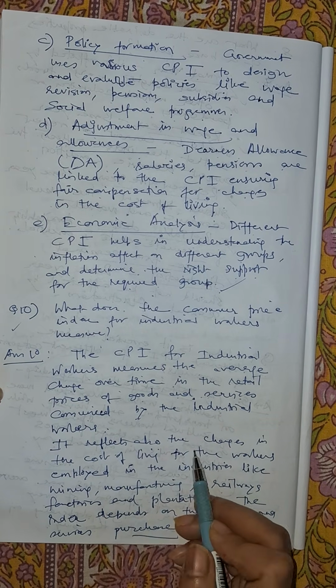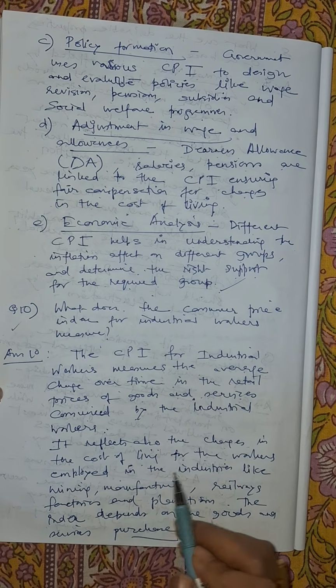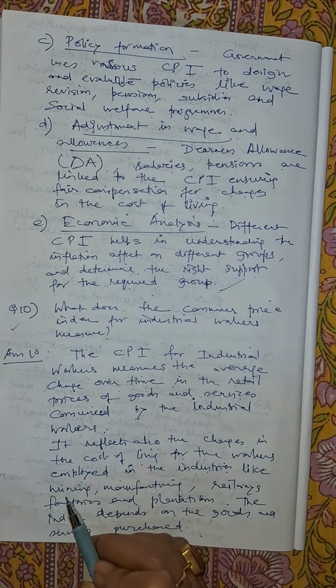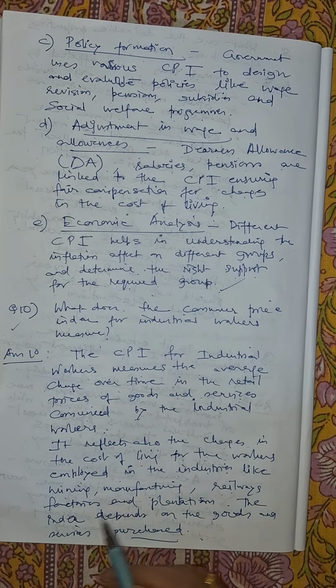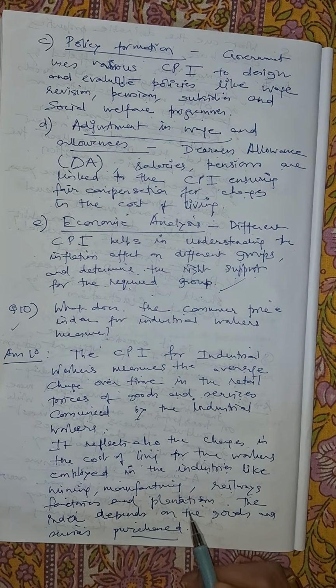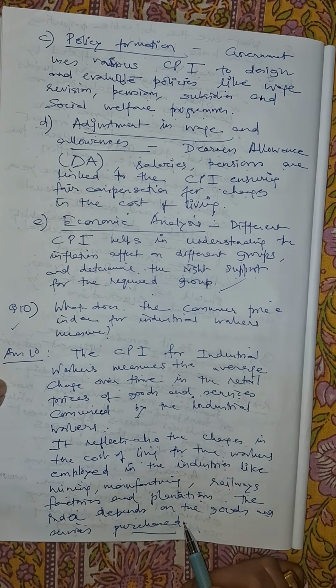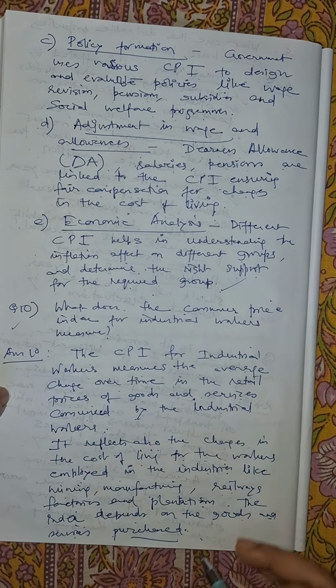It reflects also the change in the cost of living for the workers employed in industries like mining, manufacturing, railways, factories, and plantations. The index depends on the goods and services purchased. So we have done till question number 10.